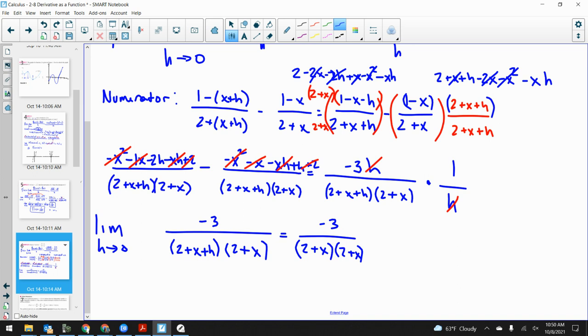Right? Because that h goes away because we put it to 0. We directly substitute it in. So that would be fine if I wanted to leave it like that: negative 3 over (2 plus x) squared. That's the derivative.